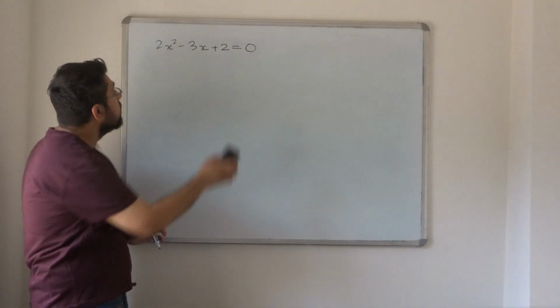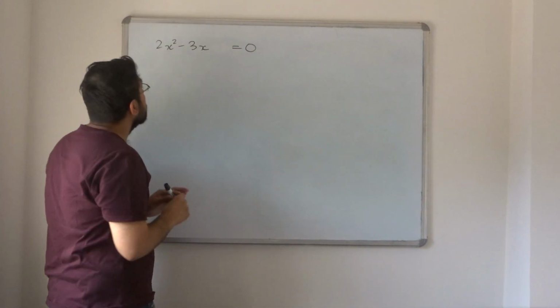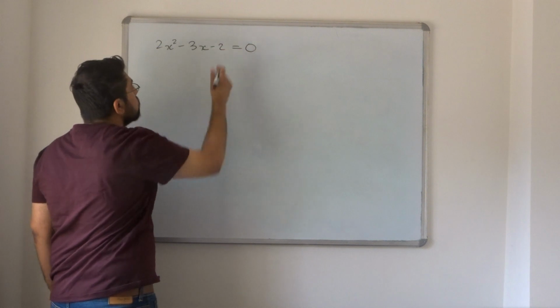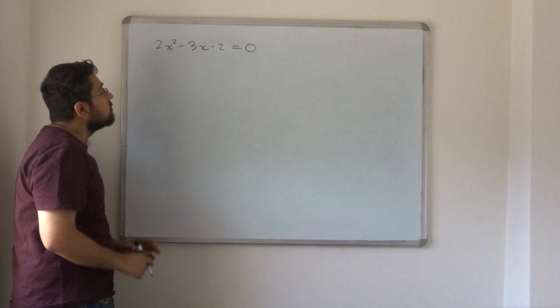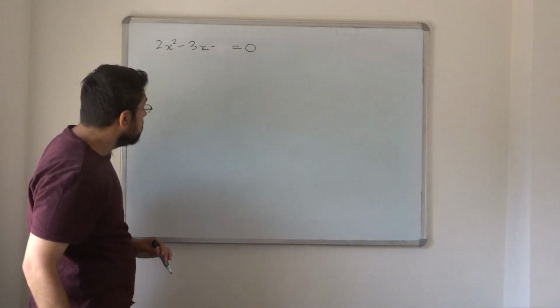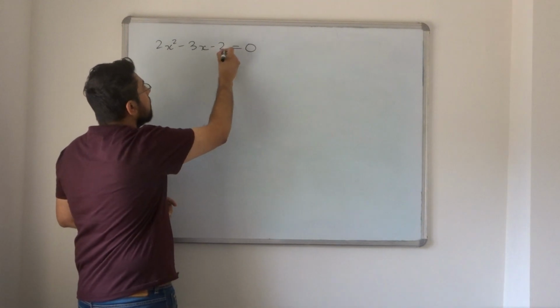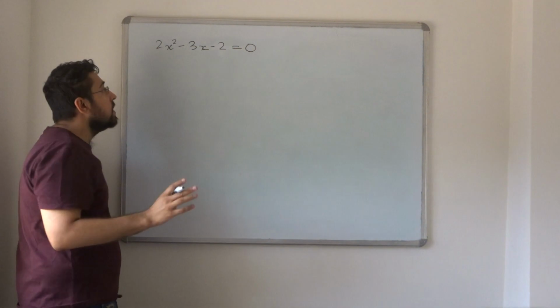Okay, just hold on guys. That's why I keep on looking at the question. Okay, it's minus 2. Let me just check. Yes. Okay guys, it's minus 2. Let me write the 2. Guys, the reason why I keep on checking the sign is because even one sign can change an entire answer.